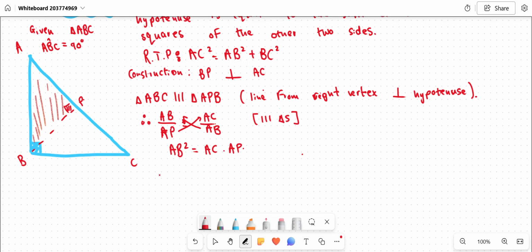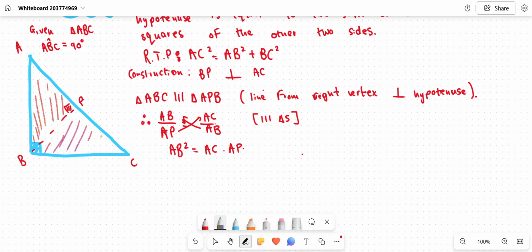Then the next statement is that I'm going to now assert that this smaller triangle down here is also similar to the bigger triangle. So let's state that triangle ABC is similar to triangle, I just want to label it correctly, BPC.